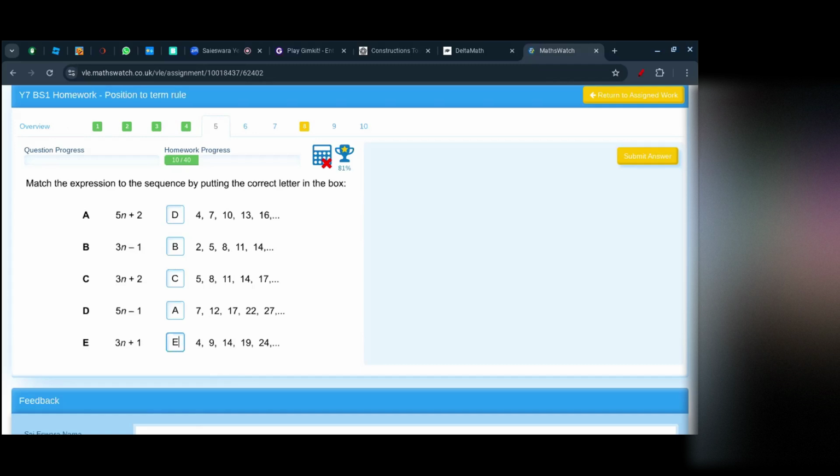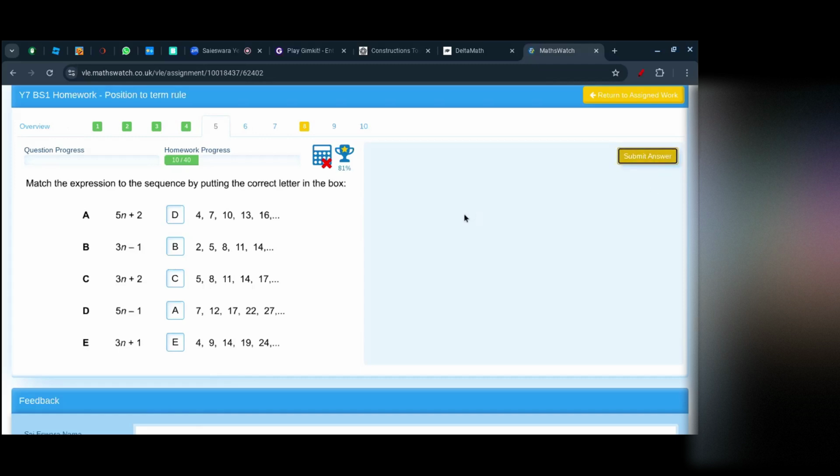What is the second term? 7. Yeah. So 5n minus 1, second term. It's correct, right? Okay, write in your notebook 5n minus 1.